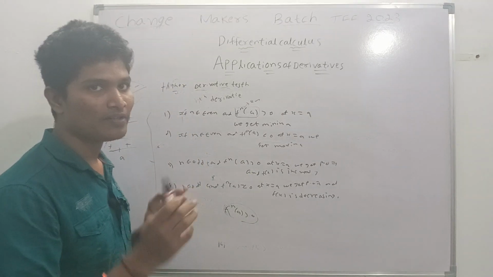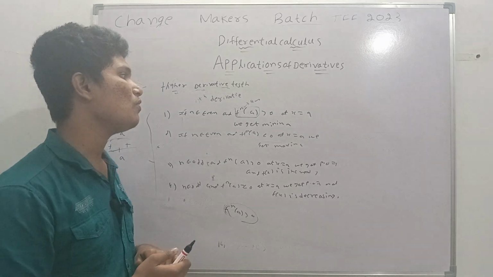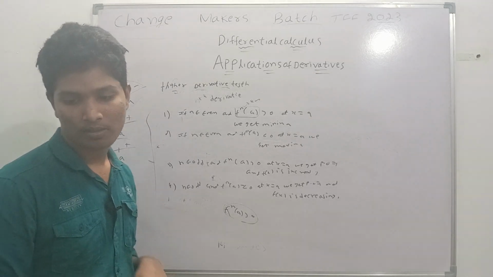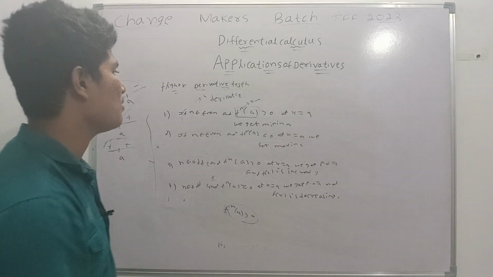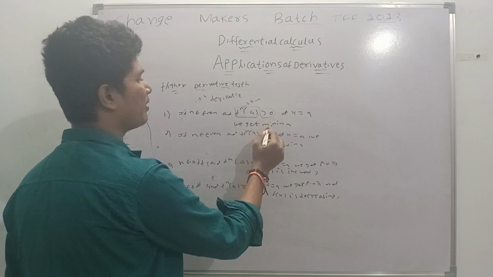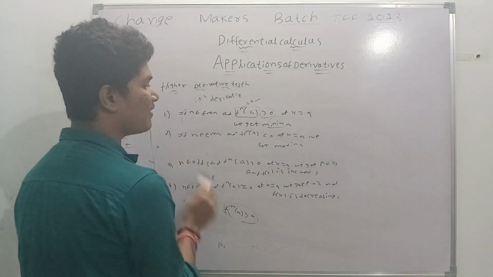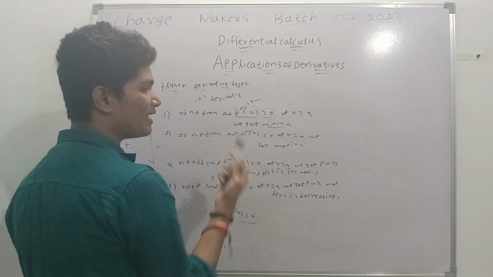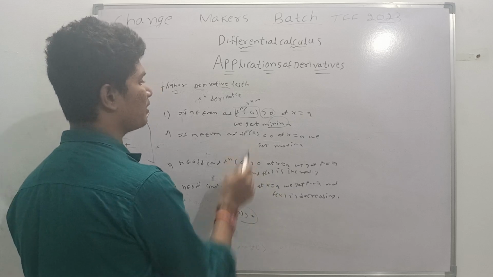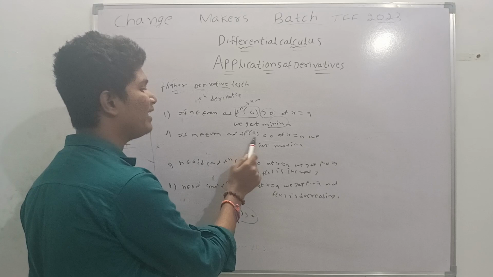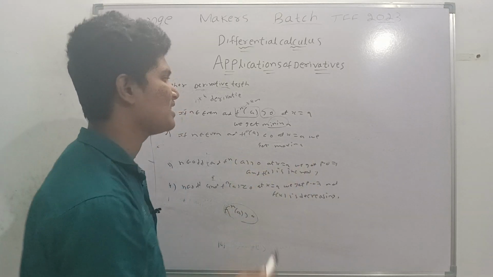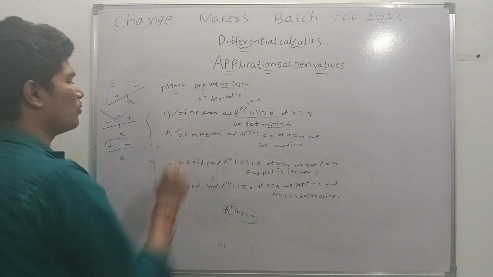If f double dash of A is greater than 0, we got minima. Important here. Here also minima. And next, if n is even and f power n, that is the higher order derivative test, and n belongs to even and it is less than 0, we got maxima. These two things are clear for you.